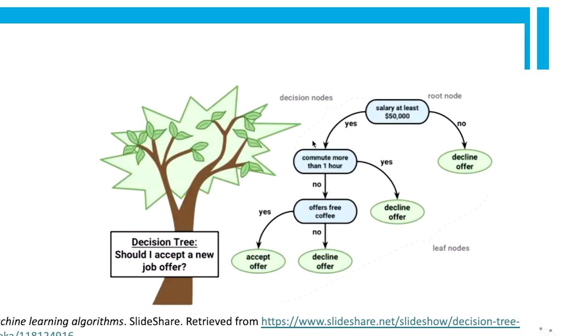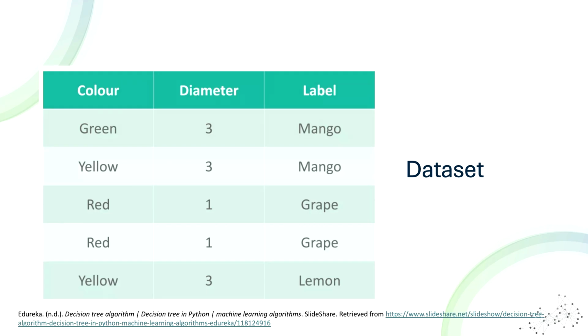So you make decisions based on conditions. This is, as the name suggests, the decision tree algorithm. So let's look at this example.